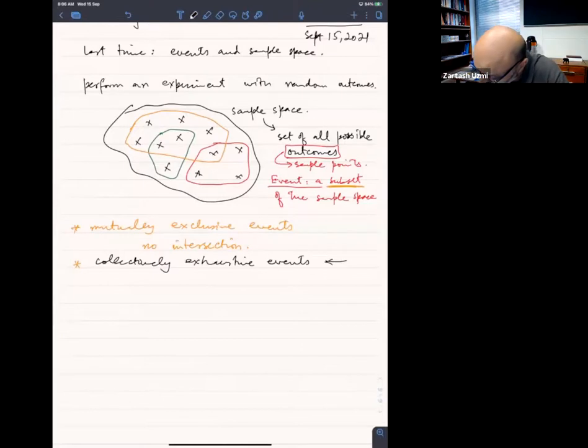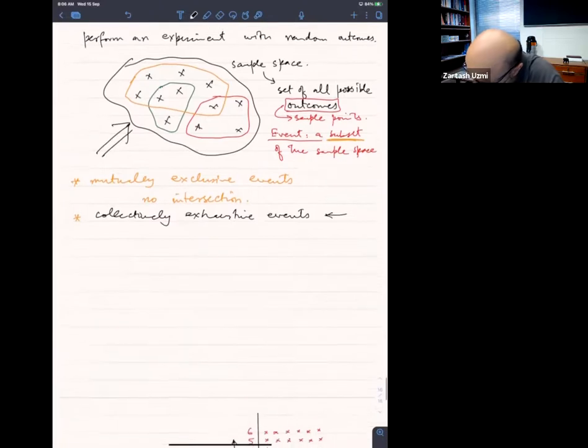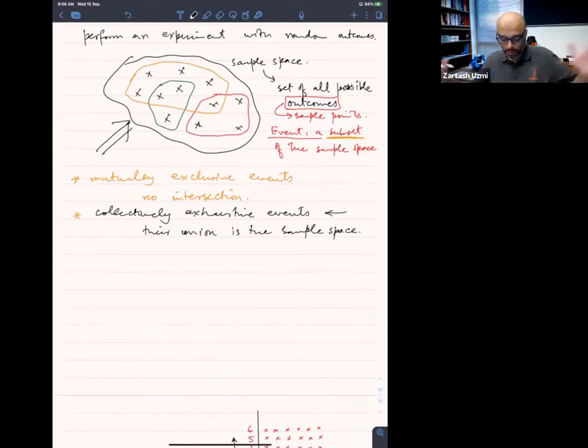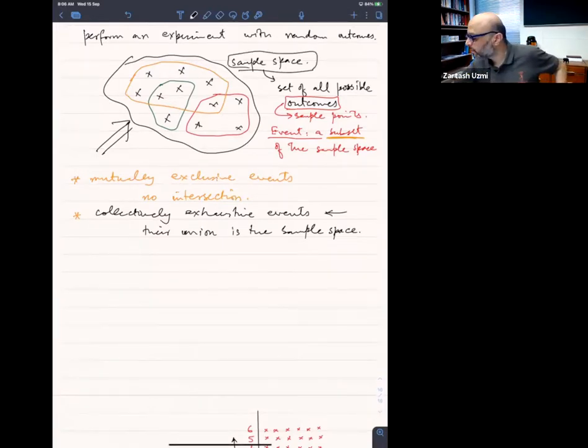In this example here, the red event, the green event, and the yellow or orange event, these events are collectively exhaustive. Their union is the sample space. वो एक ऐसा सेट है जो this entire global set, which includes all the possible outcomes or all the sample points.